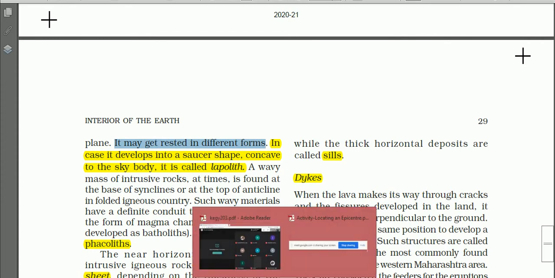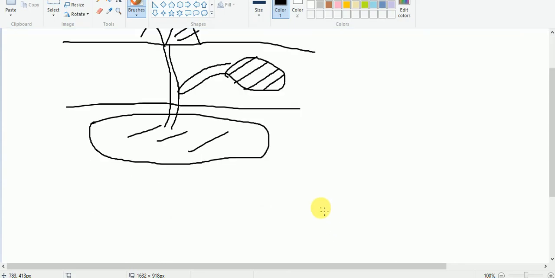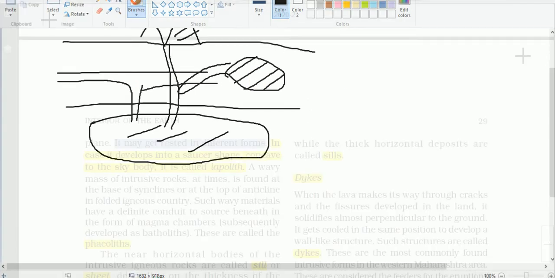So whenever magma rises from the magma chamber, if it finds these weak areas, it may tend to spread horizontally like this, taking different shapes. That is the point mentioned here.